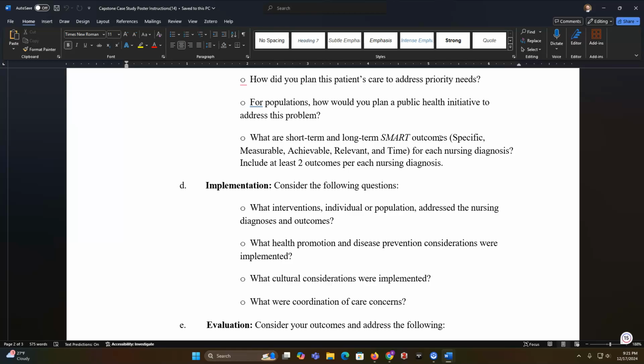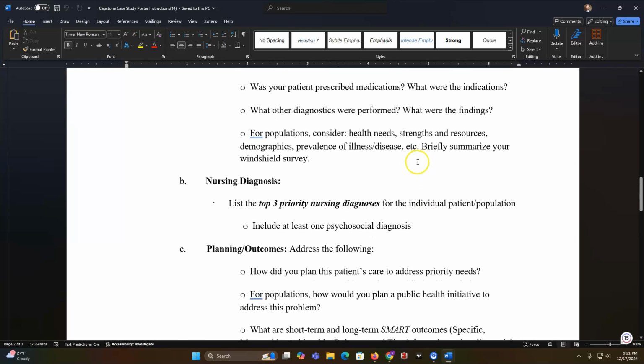Is it relevant? Like I said before, just because they're at risk for skin breakdown and falls doesn't mean that those are the top priorities and the things that you should be making outcomes for. So really tailor it to your patient. You really want the top diagnoses that you have to work with this patient. Should have 2 outcomes per nursing diagnosis.